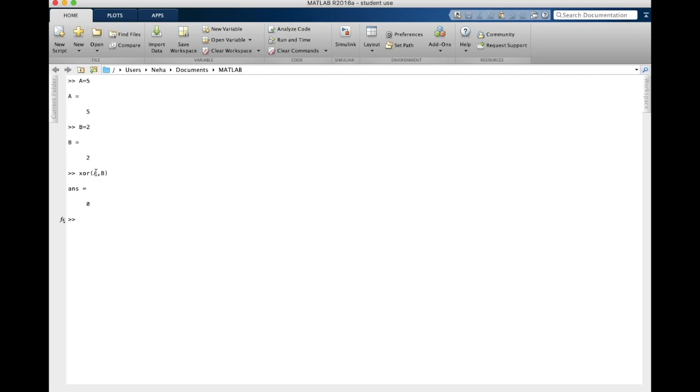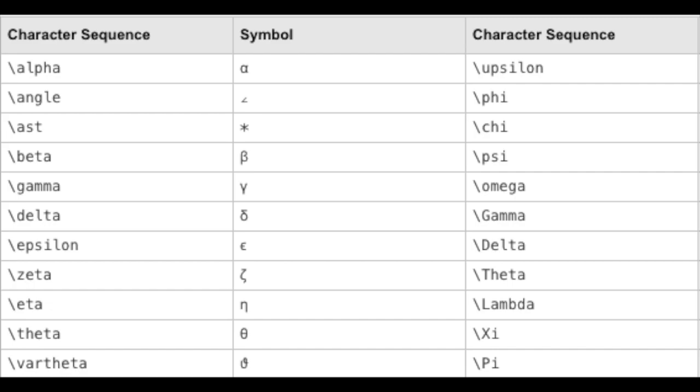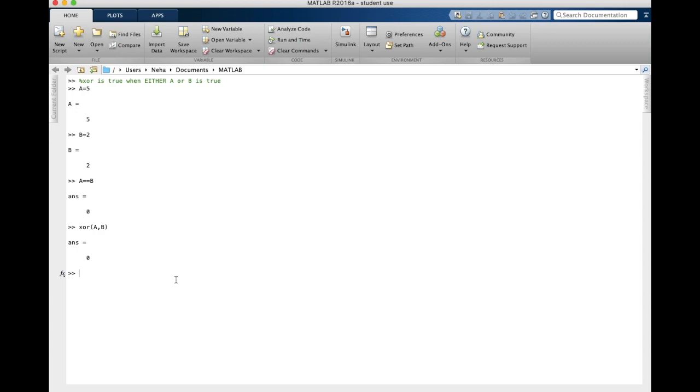Now let's talk about special characters. This picture is a list of some of MATLAB's special characters. We don't really use these in equations, but they are usually used in plots, such as axes, labels, and titles. So for example, say I have a vector A, 1, 2, 3, 4, 5, and then I have B, also 1, 2, 3, 4, 5.